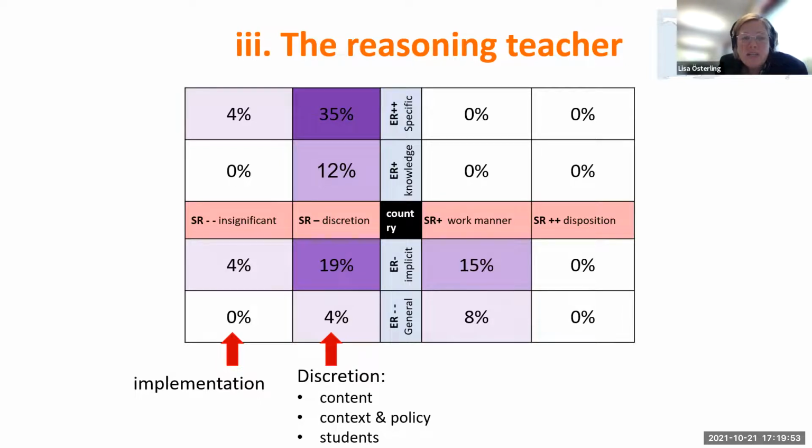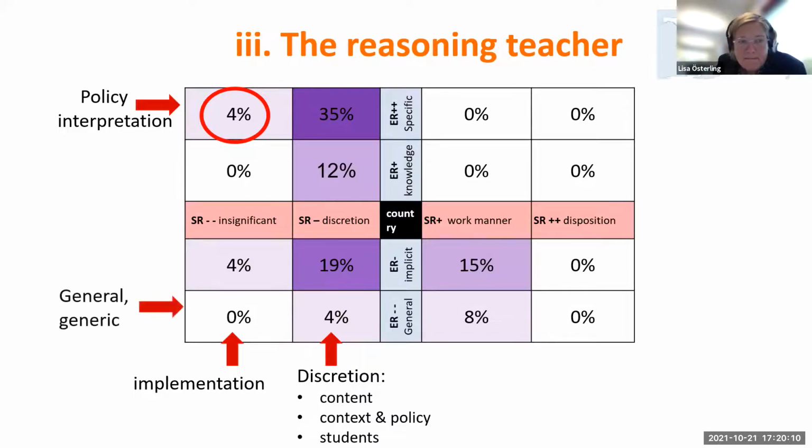And the implementation part is much lower, of course. Next. And you can see the policy is talked about in terms of interpretation, and it's much lower compared to, of course, the compliant teachers. Next. And the general is much lower as well.